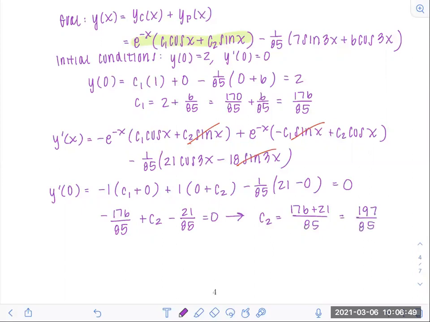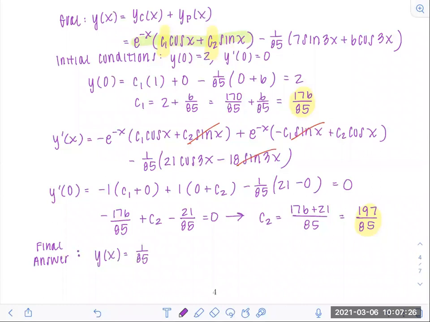All right, we're finally at the point where we can write out the solution to the IVP. So I am going to take this c1 and c2, and I am going to plug it in right here and here, and that is going to be my final answer. So I'm going to pull this 1/85th all the way out front so that it's not trailing along. And my final answer here is y of x equals.